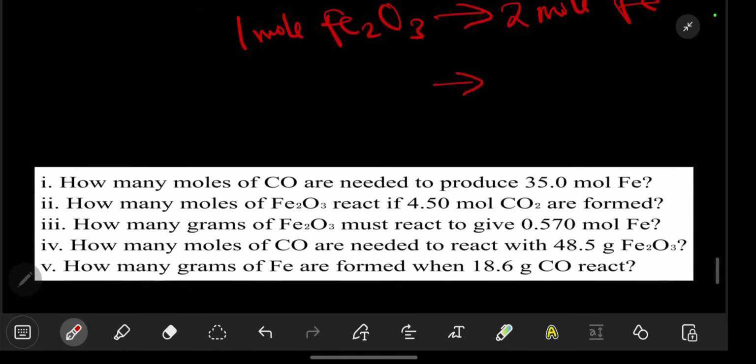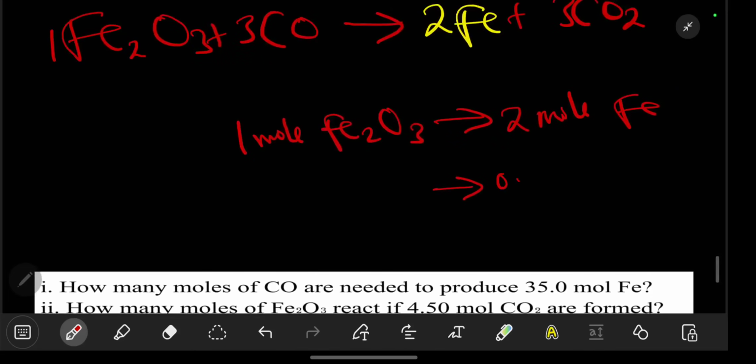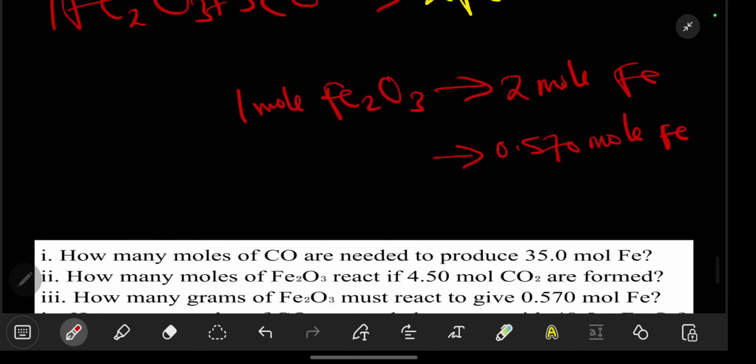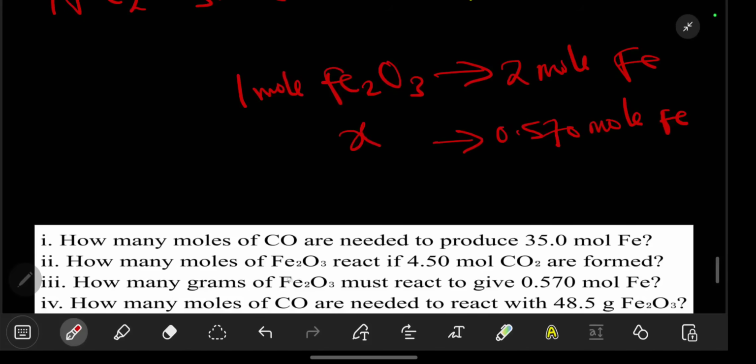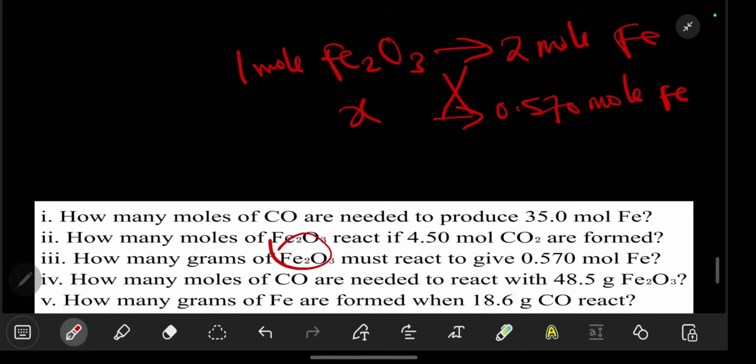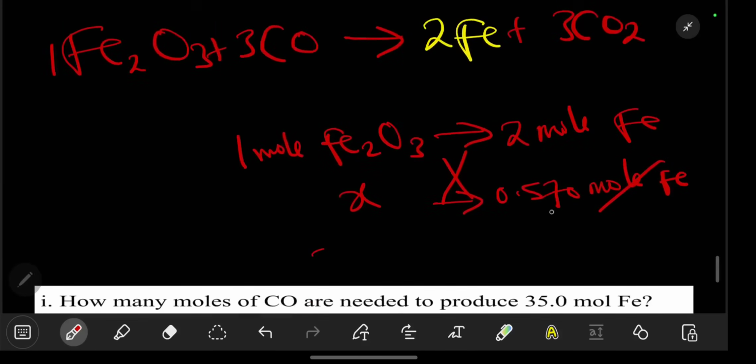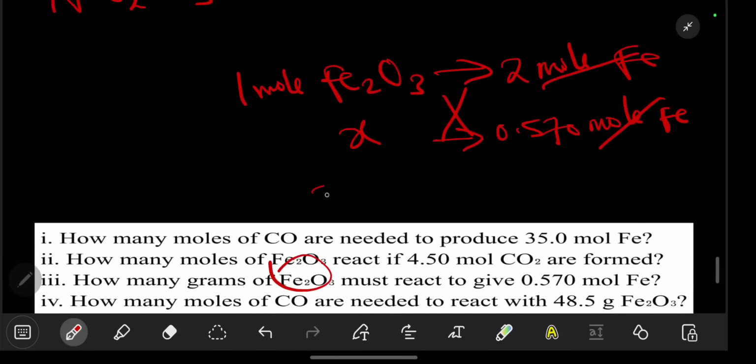So what if we have 0.57 moles of our Fe? The amount of Fe2O3 that will react, we don't know, so we cross multiply: 2 times x. So 2x should be equal to 1 times 0.57 moles of Fe2O3, since the 1 doesn't change anything.